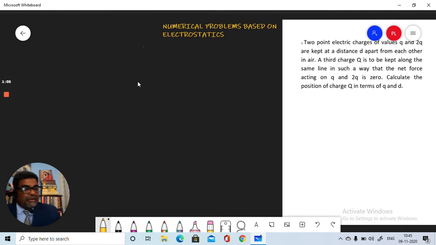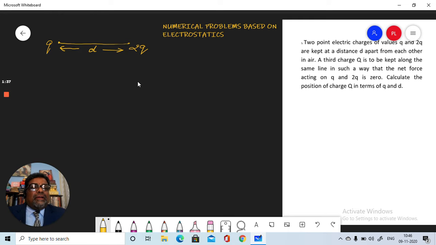The one point is here, this is q, and the other point is here, this is 2q, kept at a distance apart. Now the distance from q to 2q is d.